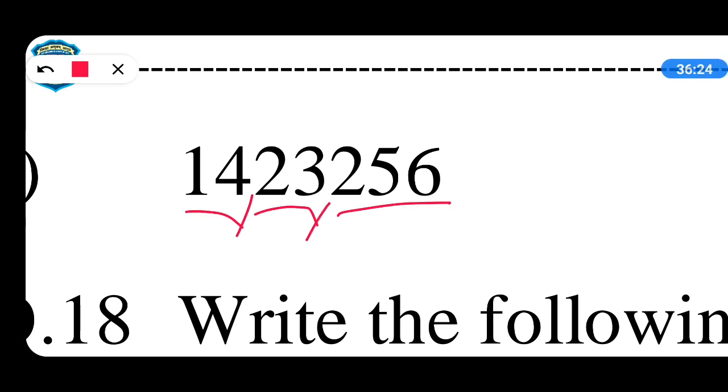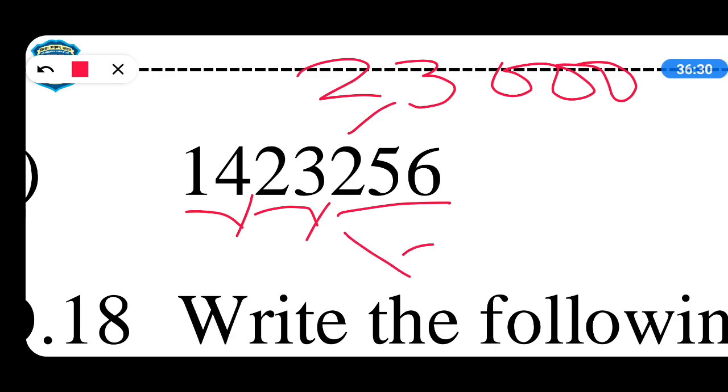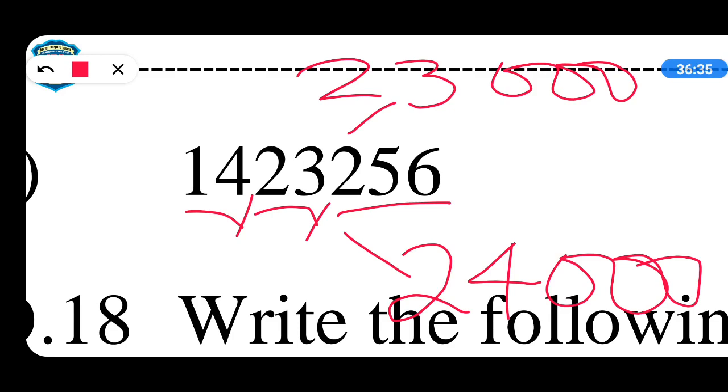So before this it is 23,000, and what next? 24,000, right? Now who will decide? This number will decide. This number is 256. In case of 1000, the middle number is 500. So if it is less than 500, then it will move to the lower, and if it is more than 500, then it will move to the next number.